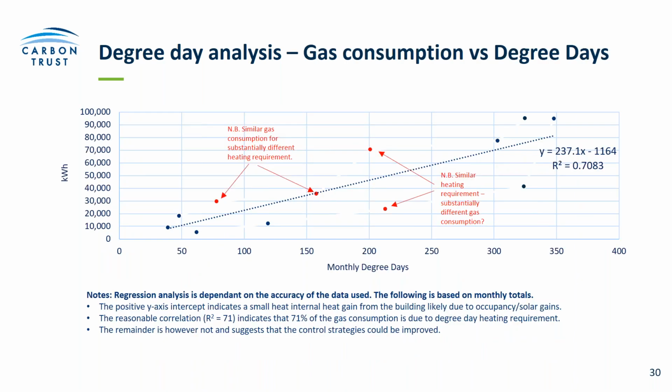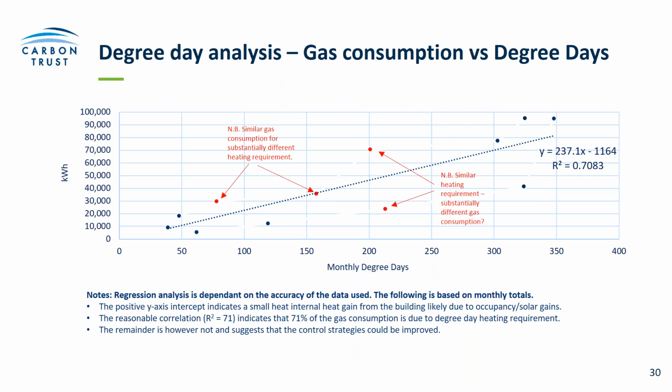Again, just a regression analysis similar to the previous, and again, have to put the caveat on it that it's only 12 months worth of data, but the correlation is reasonable, so you'd be reasonably happy to use the data.